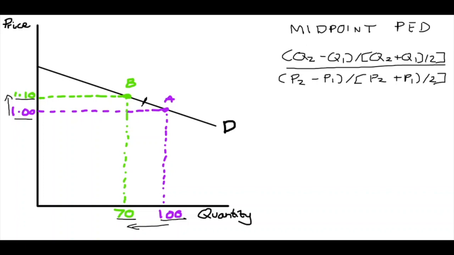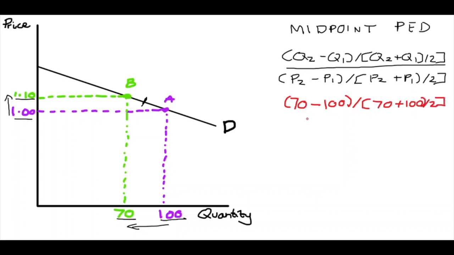Okay, so in order to work it out here, we start off with Q2, which in our case is 70. We take away Q1, which is 100, close up our bracket here, and divide this by Q2, which is 70, plus Q1, which is 100, divided by 2, and close up our brackets.